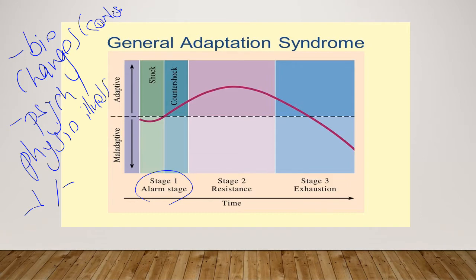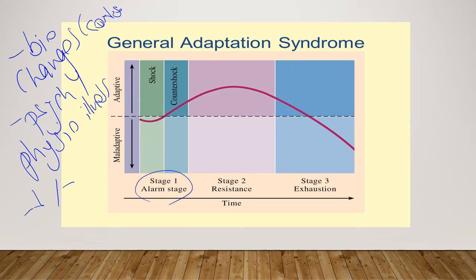So of course, if you're asked to draw this graph, you must be able to draw the whole thing and make the curve generally look like this, okay? That's fine. But you need to make sure that you are putting in your line of resistance and you're putting in all of your stages, okay? So alarm reaction, resistance, exhaustion, and you're labeling like the time, and then of course the resistance to stress on the x-axis.